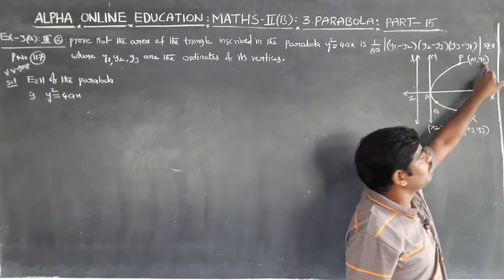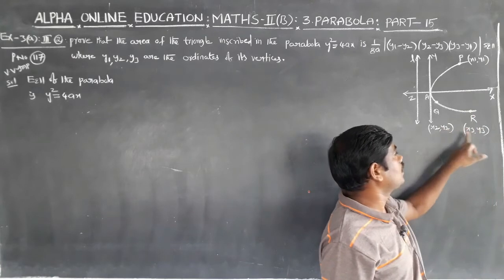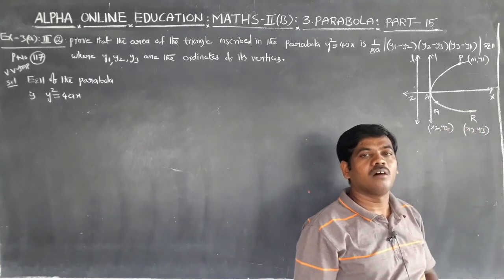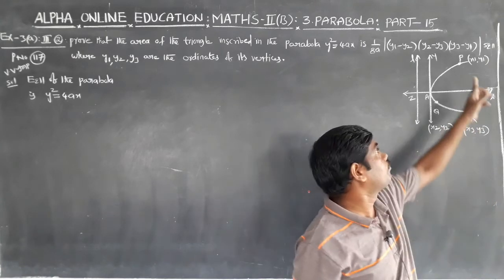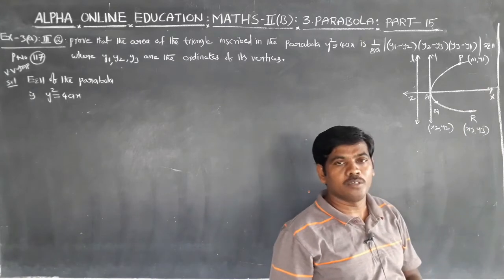Here y1, y2, y3 are the ordinates of the points P, Q and R.